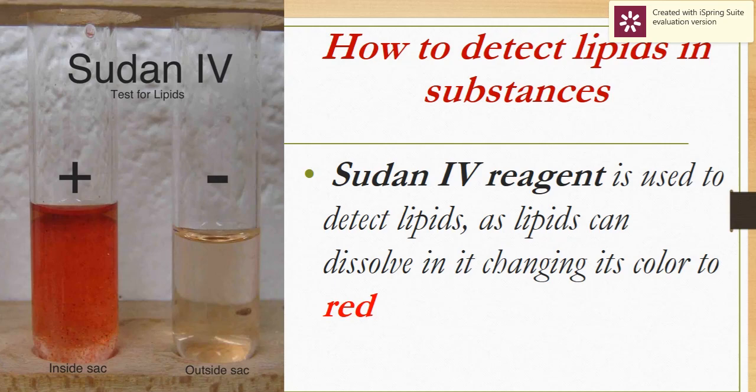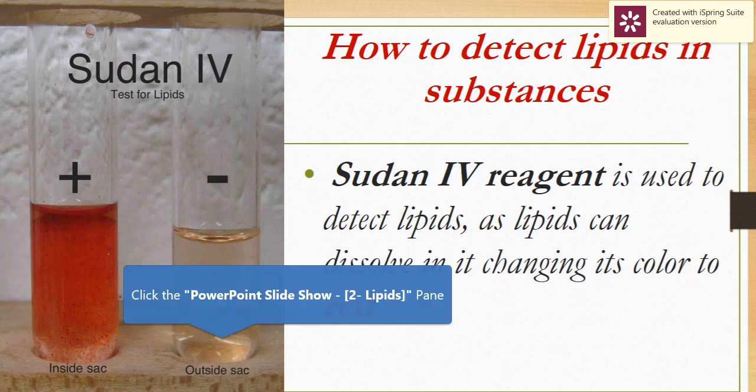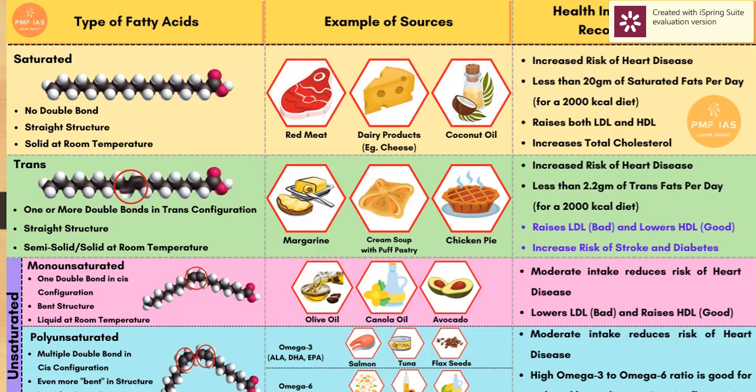So this is the second type of biological macromolecules, which is lipids. Here I have some examples of different types of lipids, and there are different sources of fatty acids.